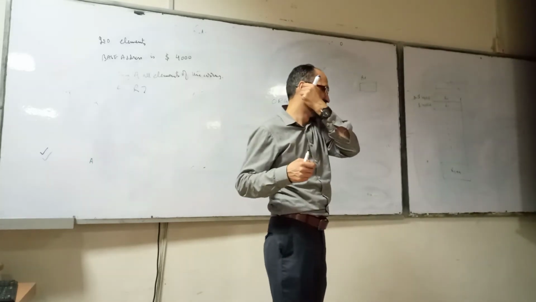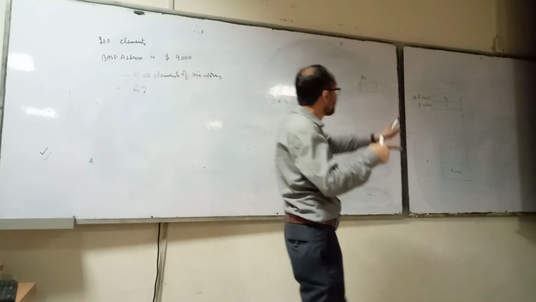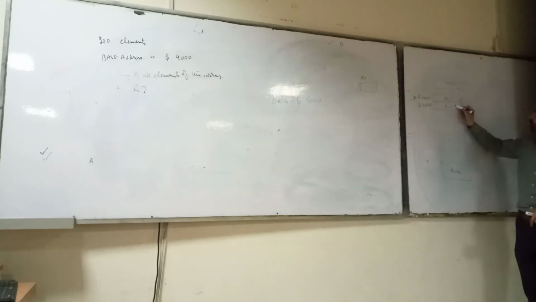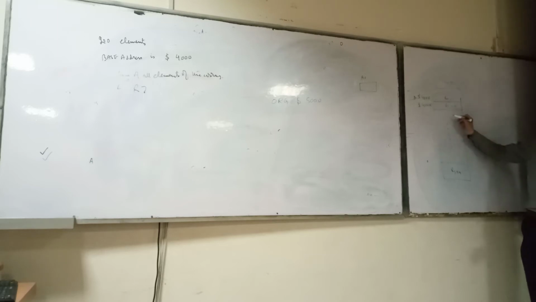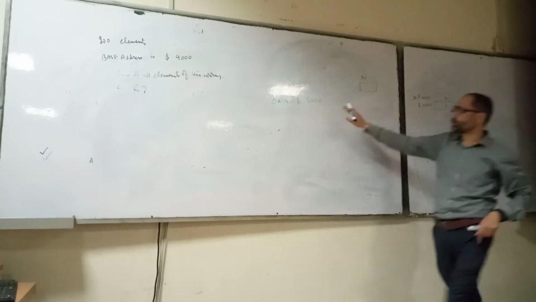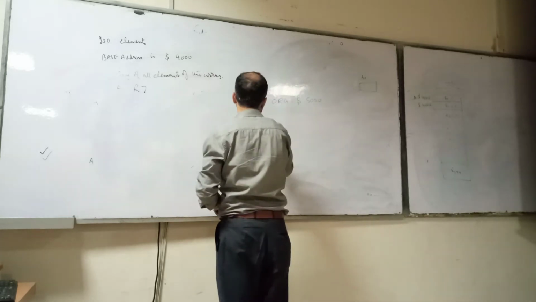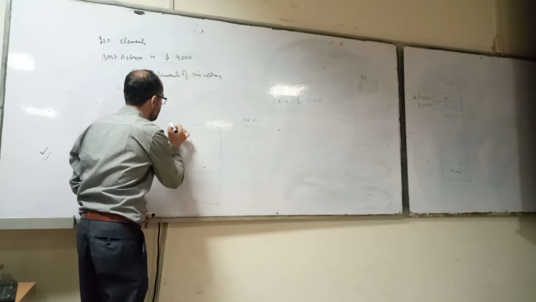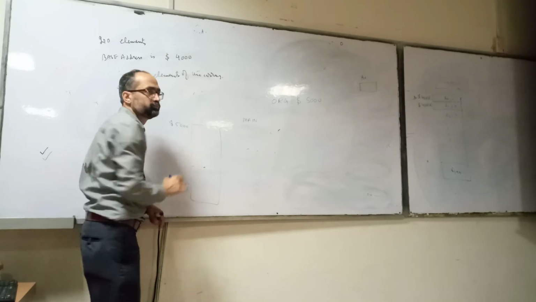Maybe element 0 is equal to 5, this value is 9, and maybe this is 4. So these are the elements of the array. This is data, not instructions. And at ORG 5000 we have the main program.